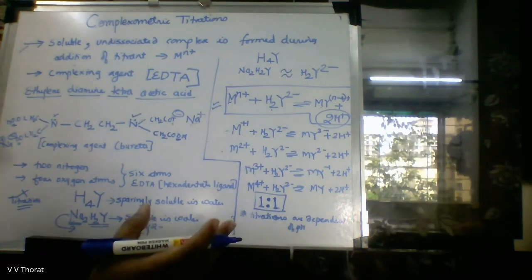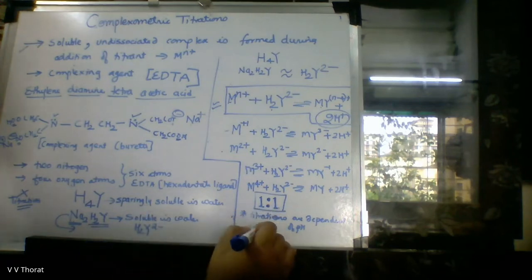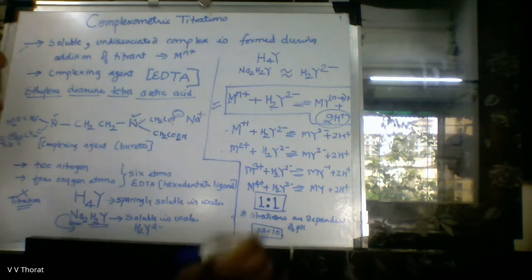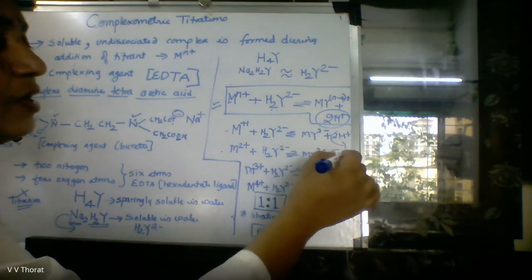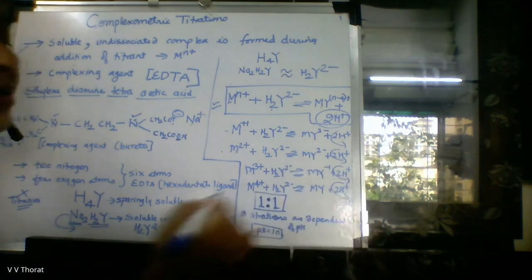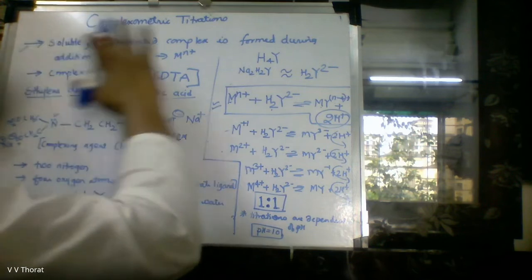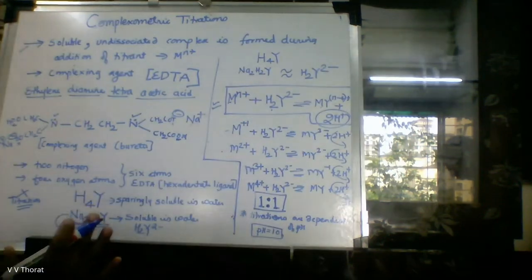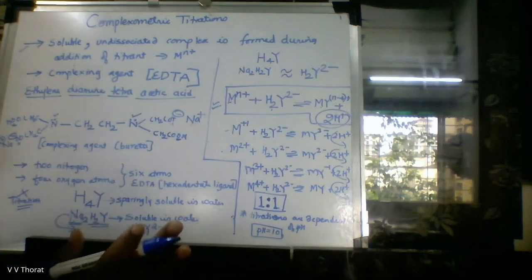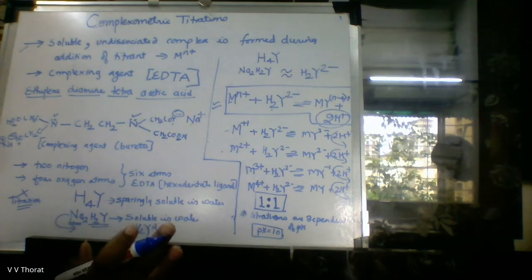We have seen in talcum powder for estimation of magnesium, pH was adjusted to 10 by adding a buffer, because in all this H+ ions are liberated. So this is the basic concept. If you understand this, you will like the topic.